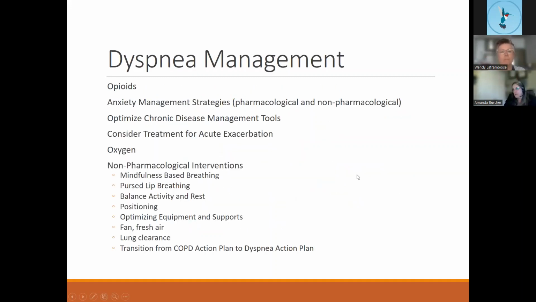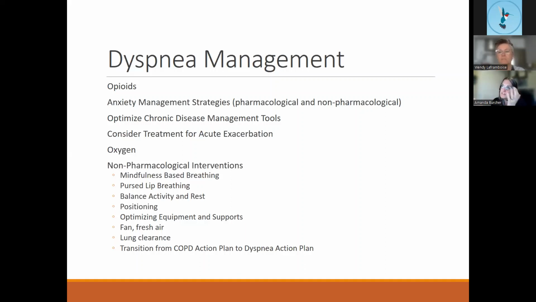So in terms of a dyspnea management plan, we're going to talk about opioids as being the mainstay for palliative management of dyspnea. Certainly anxiety management strategies we'll also speak about, both pharmacological and non-pharmacological. Always, we want to optimize the chronic disease management tools in this population. So we really want to make sure that they're using all those tools and resources that they got a year ago when they went through pulmonary rehab with Wendy.